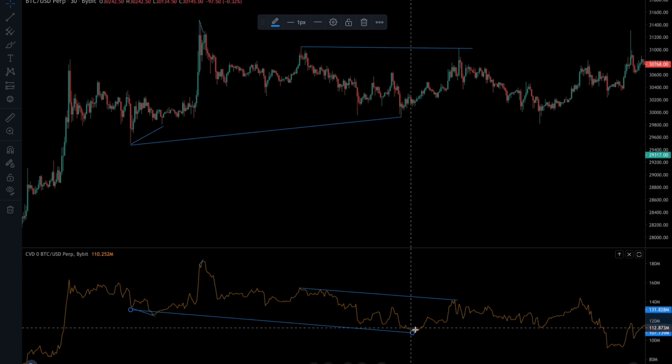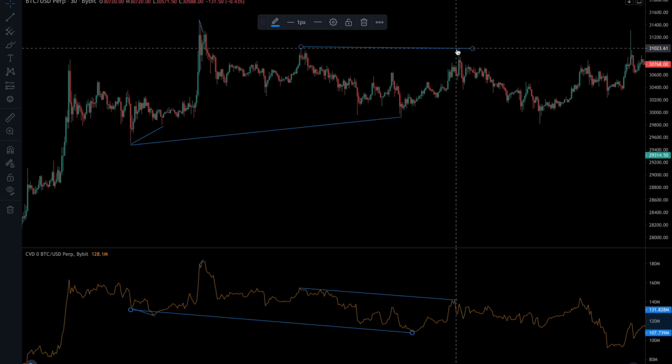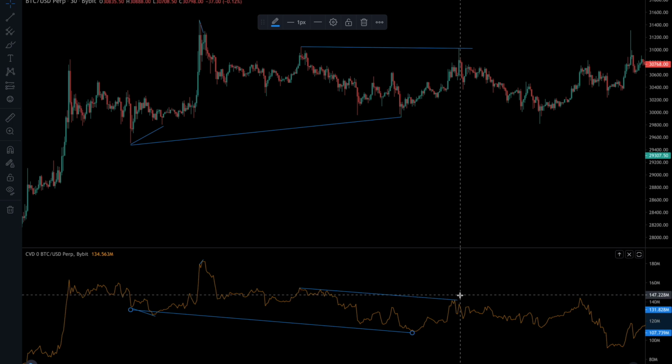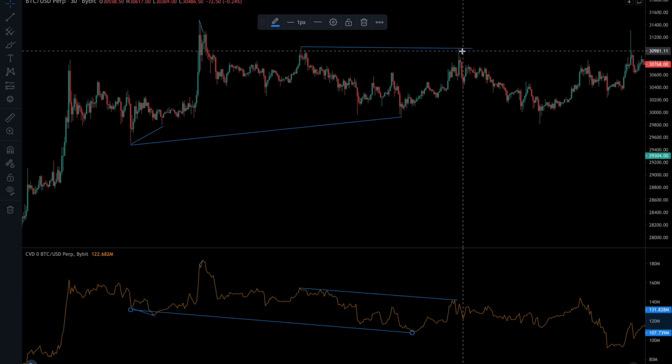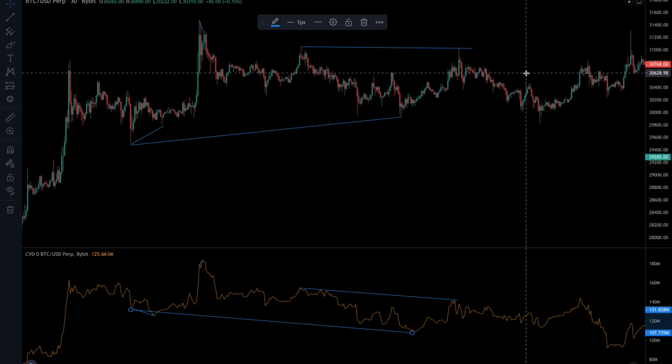In the case of CVD, it went much lower. So again, in this case, the big players were absorbing the selling pressure, and price moved up. However, when we went to this equal high, there was a lack of market participants buying, which is shown by CVD, and price dumped again.